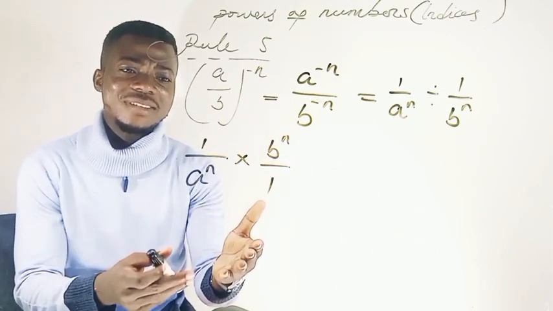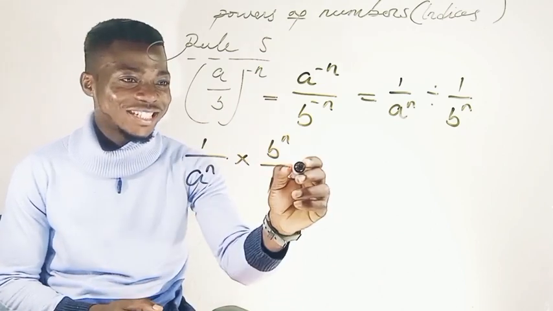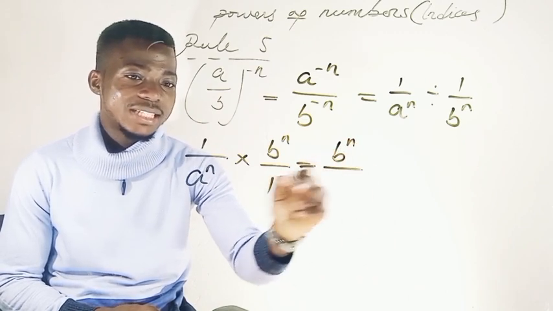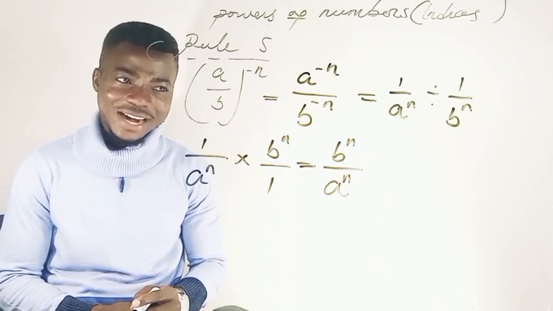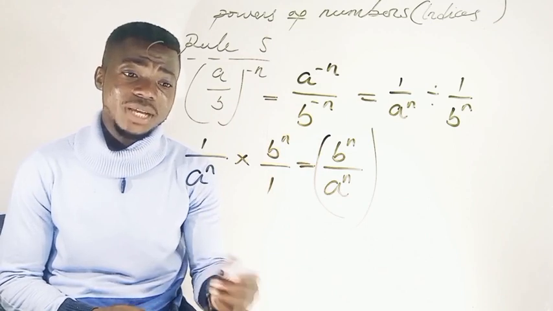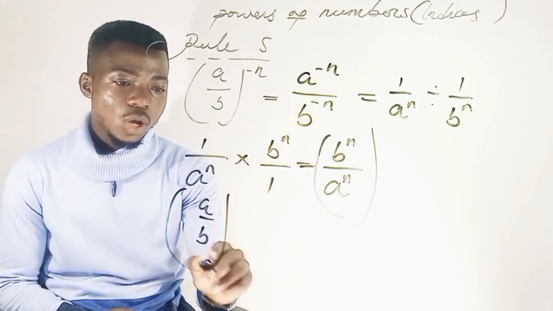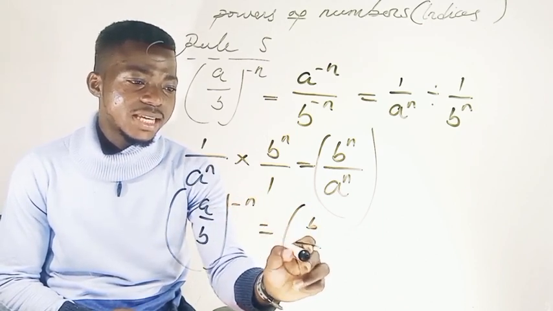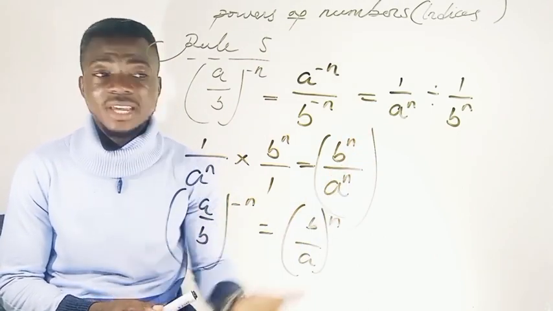Now we multiply numerators, multiply denominators, so that we have b exponent n over a exponent n, right? And that brings us back to the rule. The rule says if you have a over b, all exponent negative n, it's the same as b over a, all exponent n. And that is what we have here.